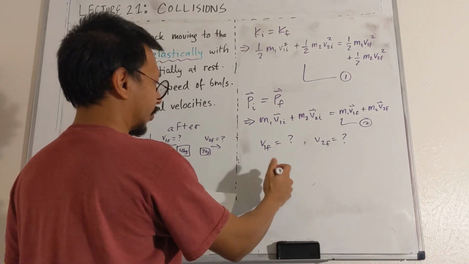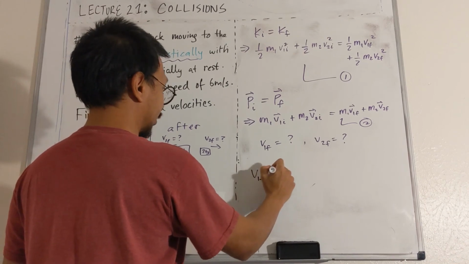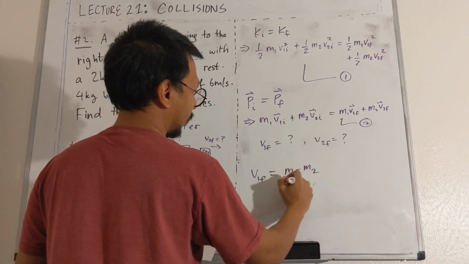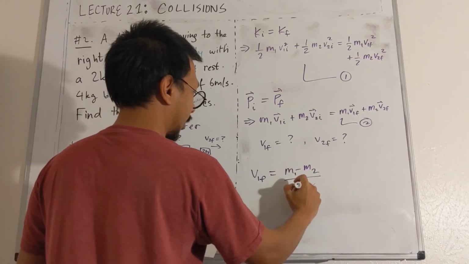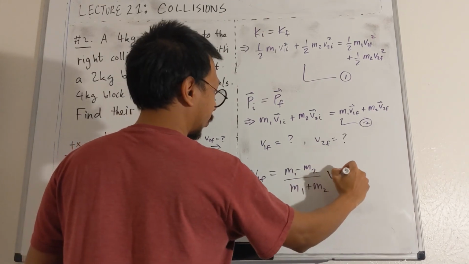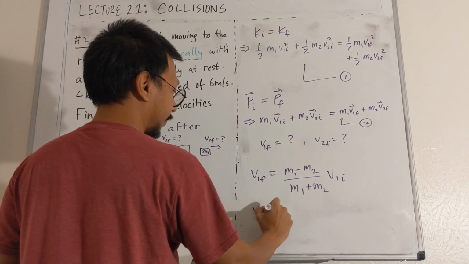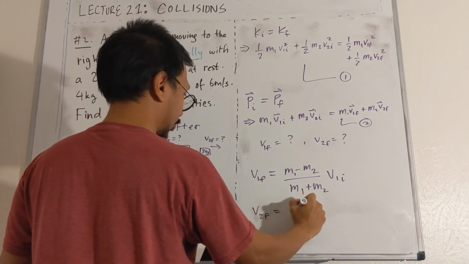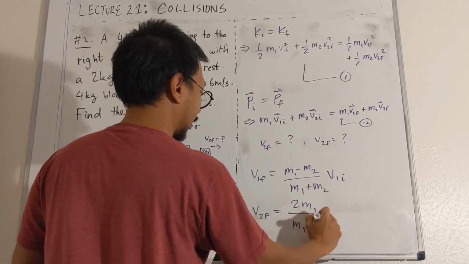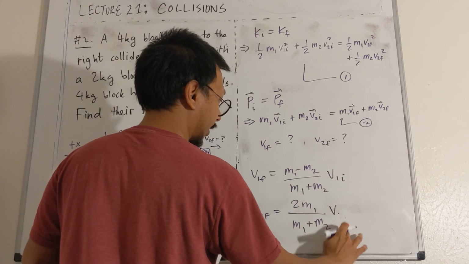So I would just give you the result. v1f, as it turns out, is (m1 minus m2) over (m1 plus m2) times v1i. v2 final, as it turns out, is 2 times m1 over (m1 plus m2) times v1i.